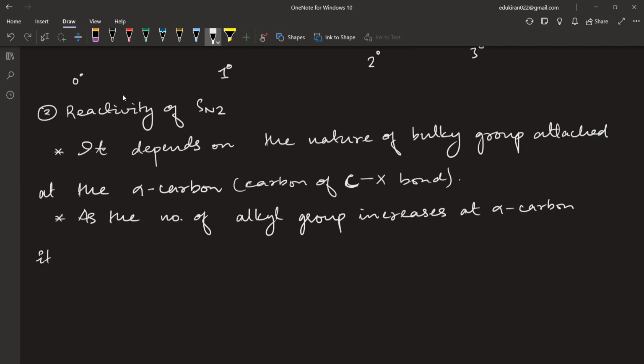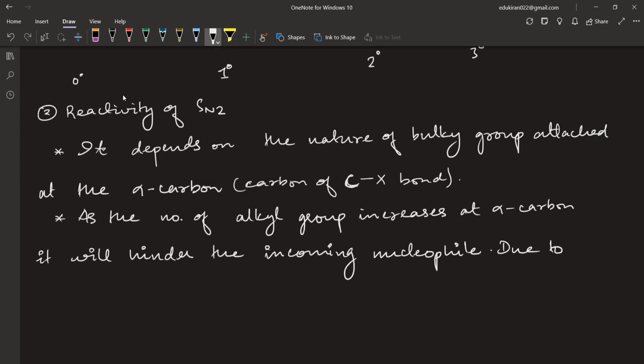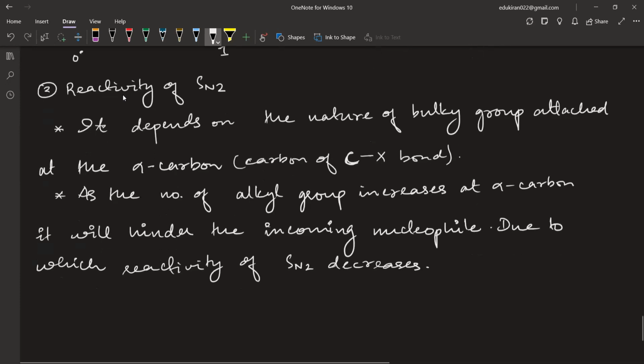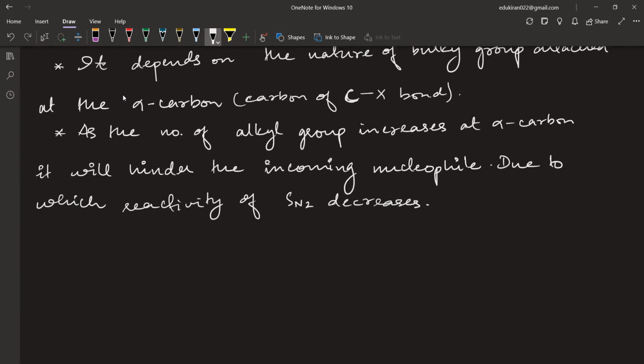It will hinder the incoming nucleophile, due to which the reactivity of SN2 decreases. Hence, the reactivity of SN2 will be just the opposite of that of SN1.